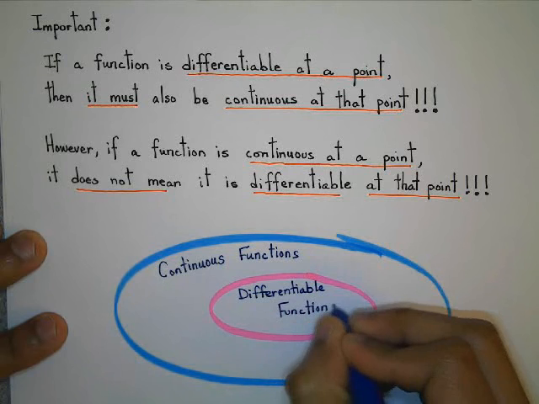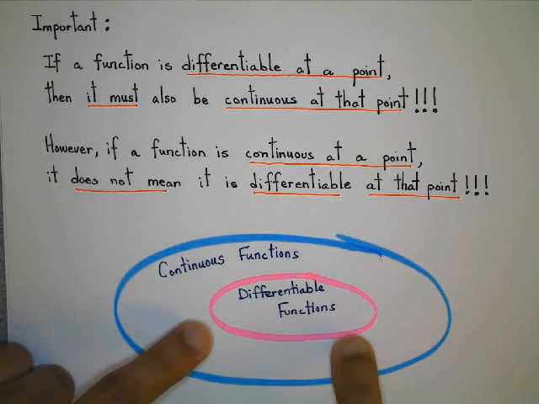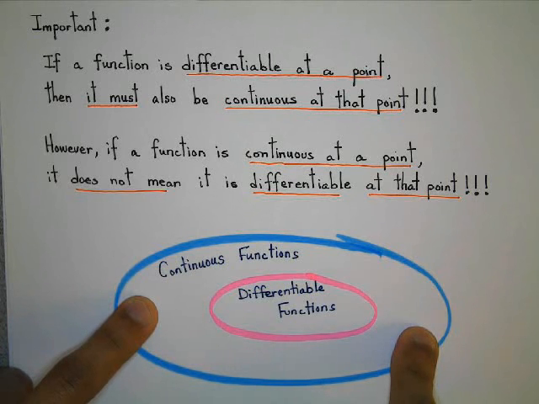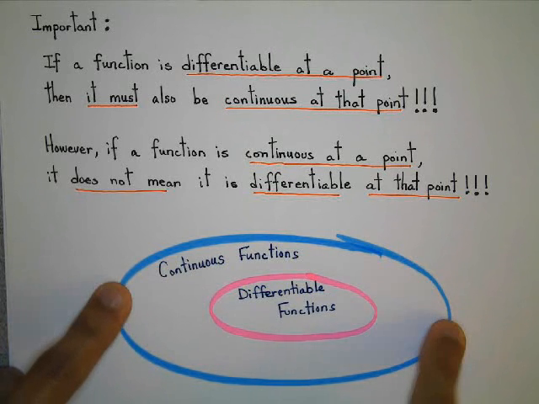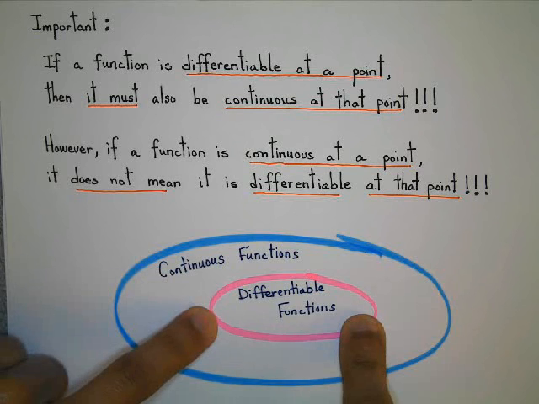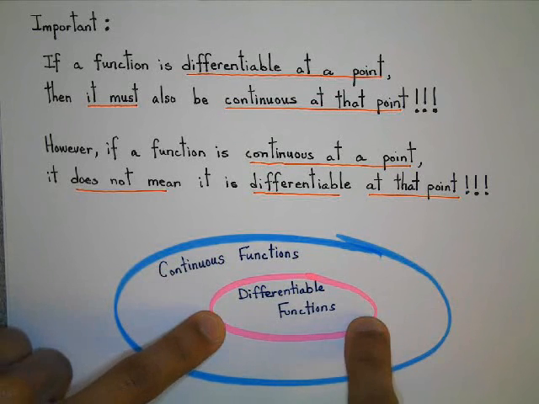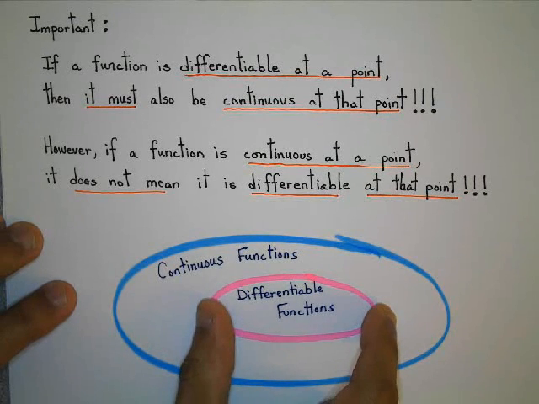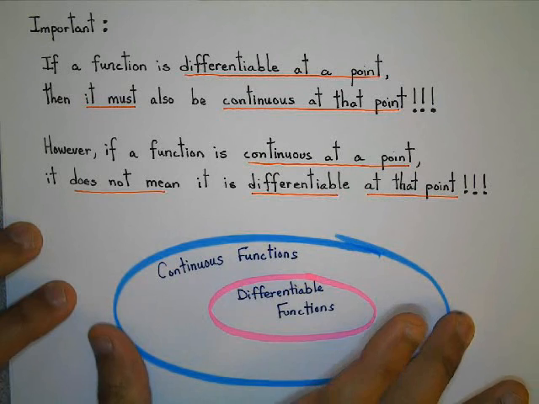The way we read this drawing is that all the differentiable functions are continuous. But not all the continuous functions are necessarily differentiable. Some are, but not all of them. Everything that's differentiable is going to be continuous.